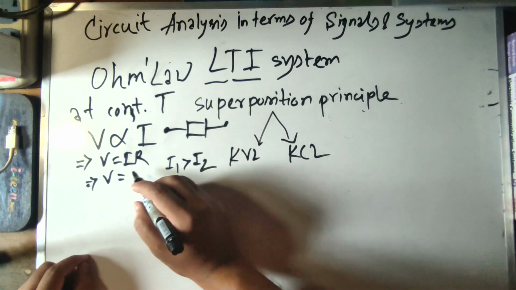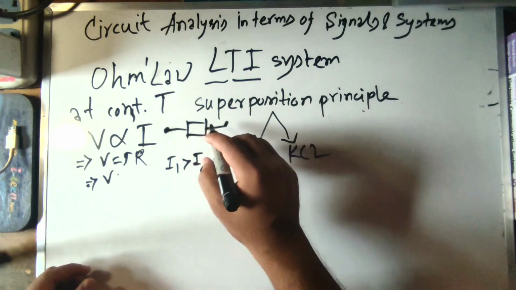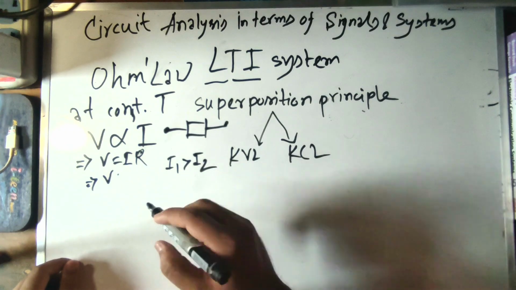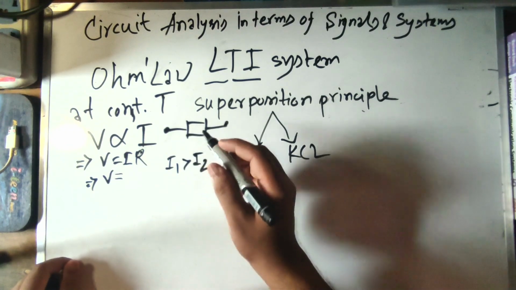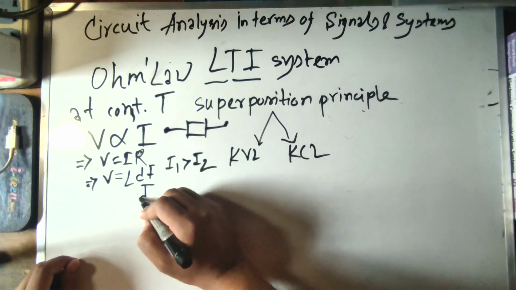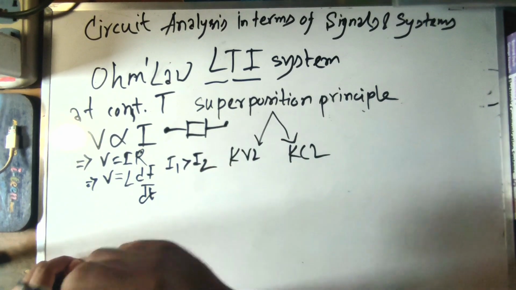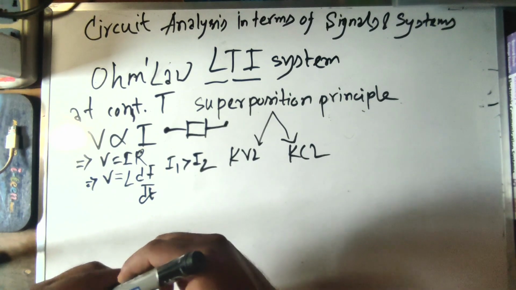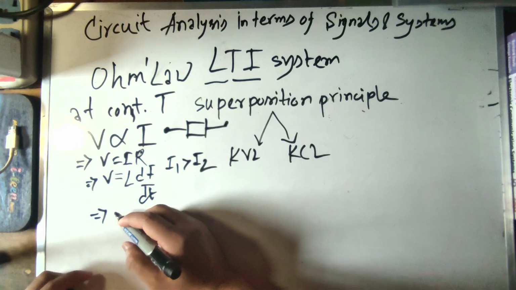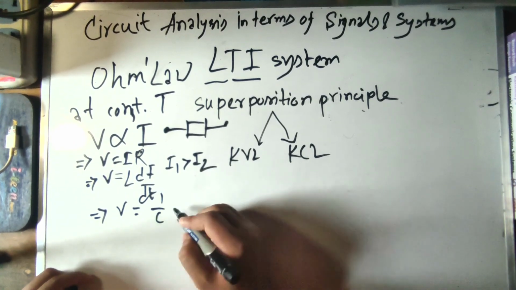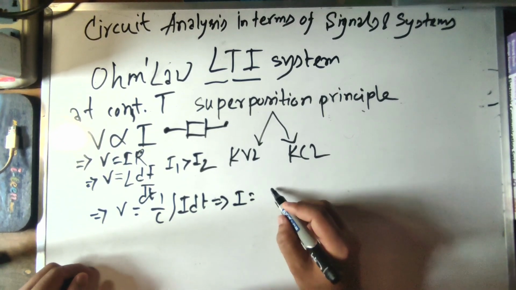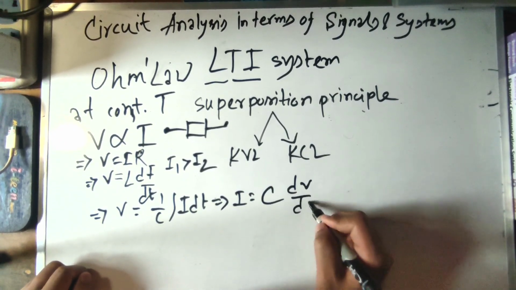If the branch is a resistor, then V equals IR. If the branch is an inductor, then V equals L di by dt. If the branch is a capacitor, the voltage-current relationship is V equals 1 by C integral of I dt, or I equals C dV by dt.